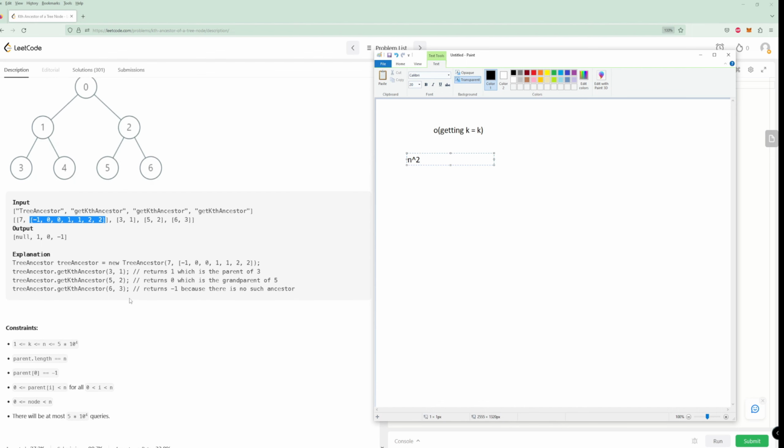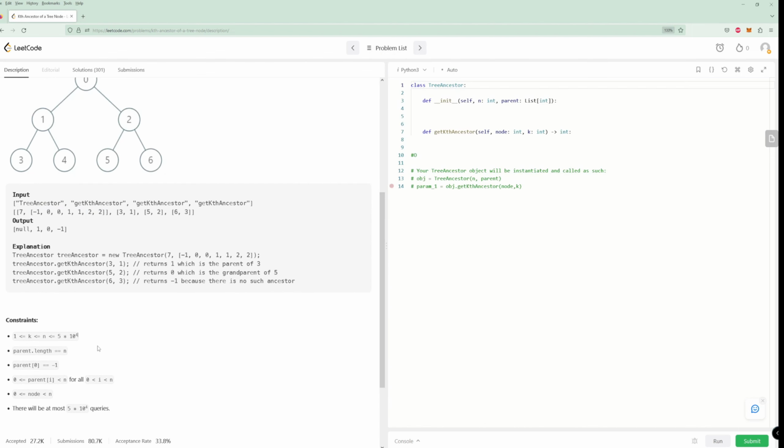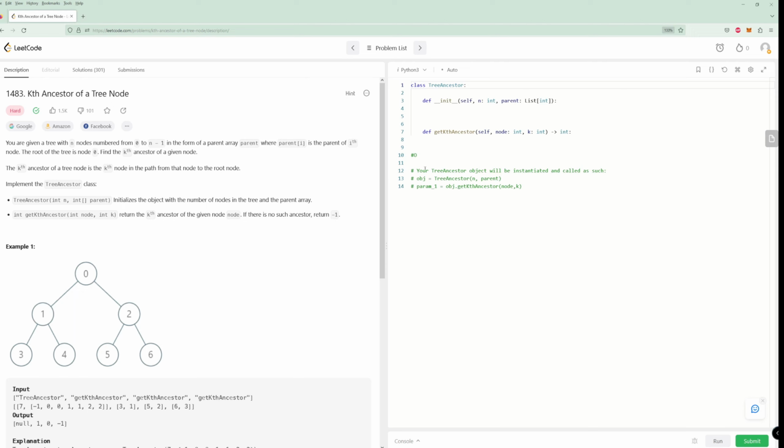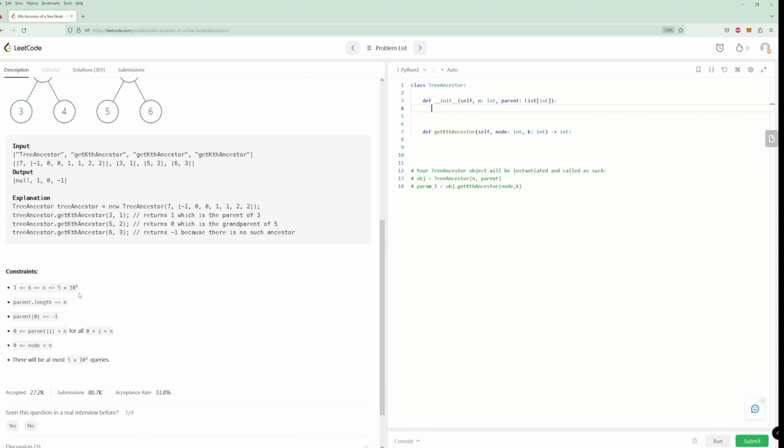Also, another good hint for LeetCode problems is that you can read the constraints, instead of just trying something and getting a time limit exceeded. You can probably figure out that for a hard problem, it's not going to be as simple as iterating through this array k times. If you're given some kind of queries, and let's say you're given two numbers, like a k and an n, you want to use these constraints and figure out what you're modifying.